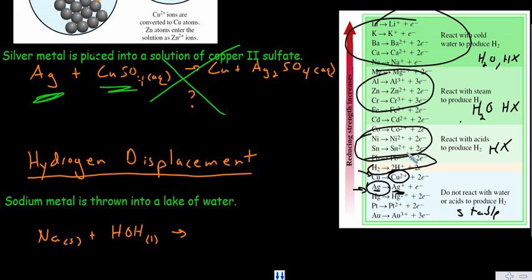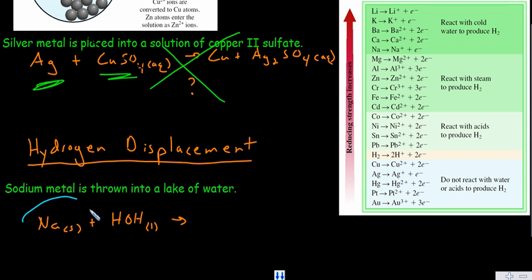So take a look at putting sodium solid into cold water, i.e. in a lake. If you throw it into a lake, will this sodium up here, fairly reactive, react with the water? Actually, sure. It will react with cold water, hot water, or acid, because it's much, much higher than hydrogen here in the activity series.